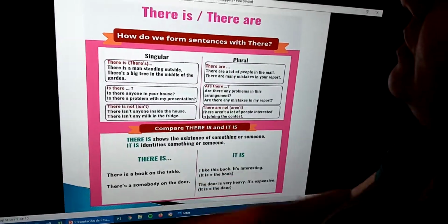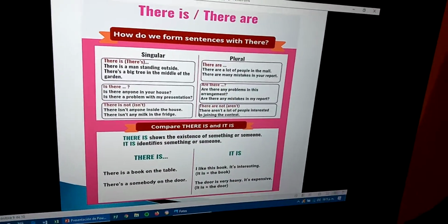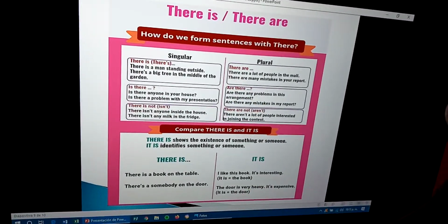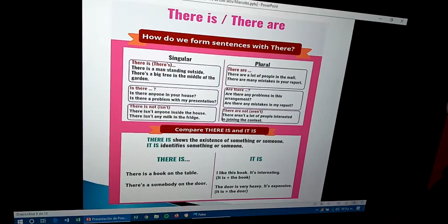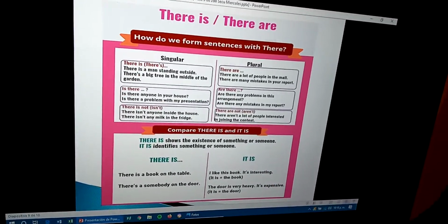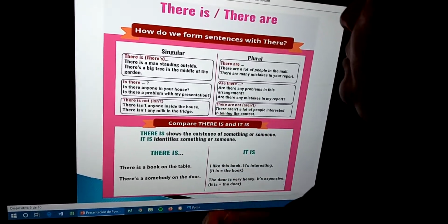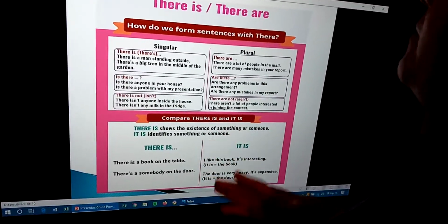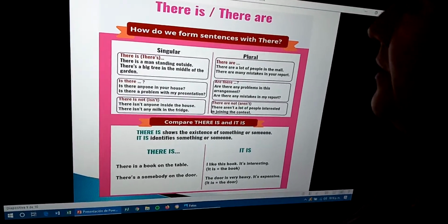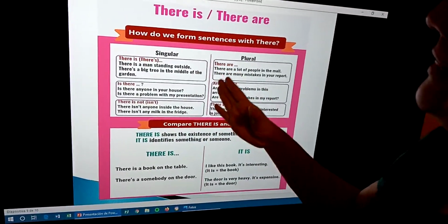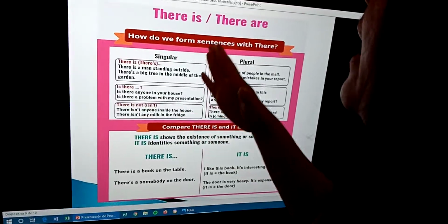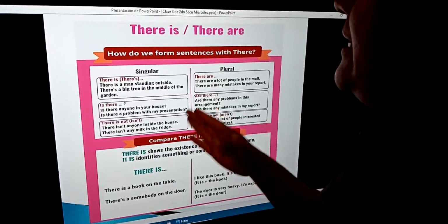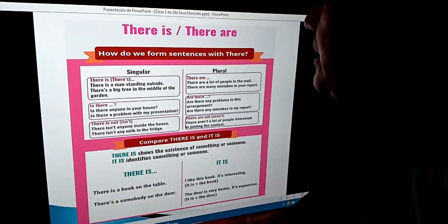There is a big tree in the middle of the garden. And the question: Is there anyone in your house? Another one: Is there a problem with my presentation?